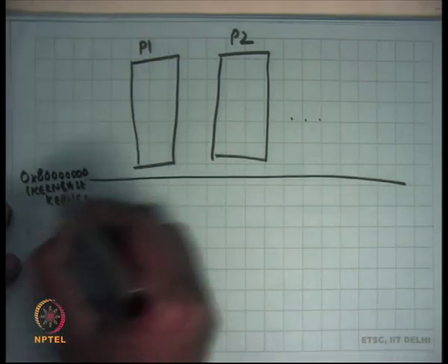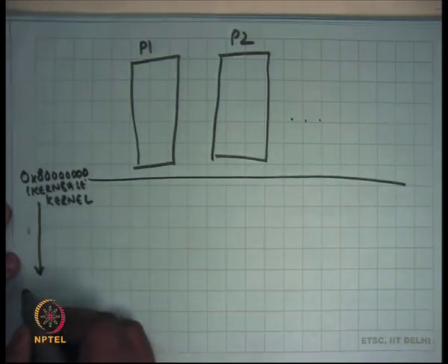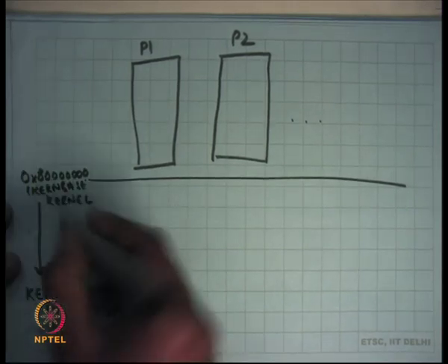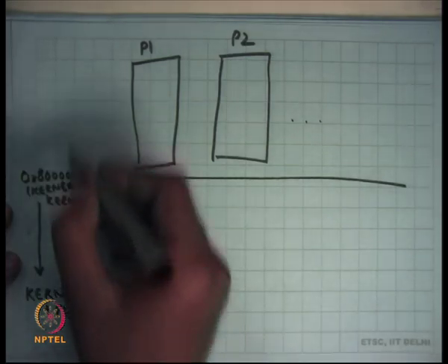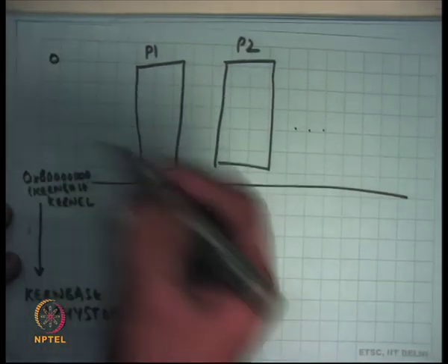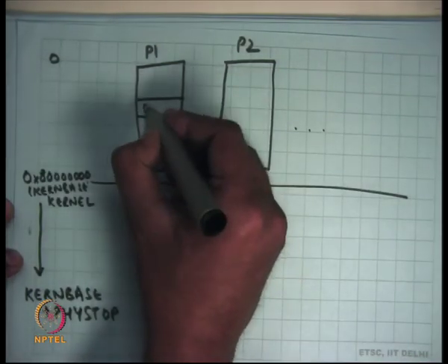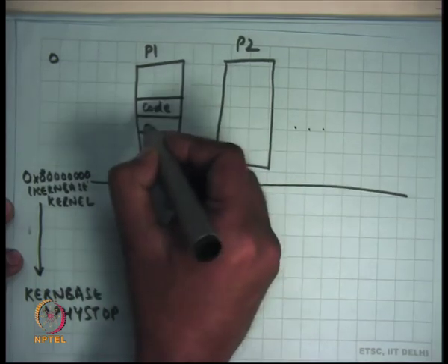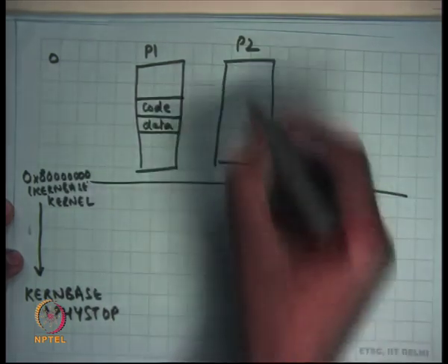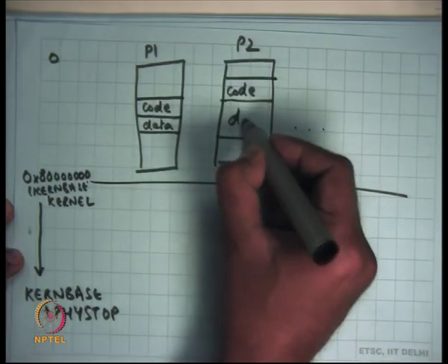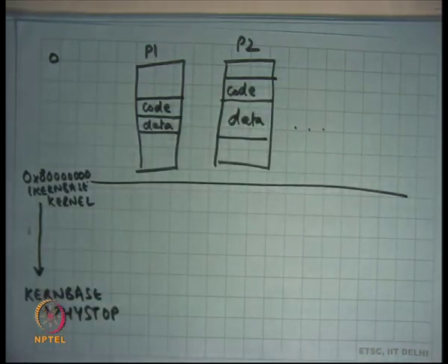And so these addresses from here to here, which is, let's say, KERNBASE plus PHYSTOP, will be mapped inside the kernel, right? And everything from 0 to KERNBASE is the user side of things. So the kernel will have its own code somewhere here, and will have some data, each process, right? And similarly, P2 may have its code here and its data here, and they will have some heaps and all that.